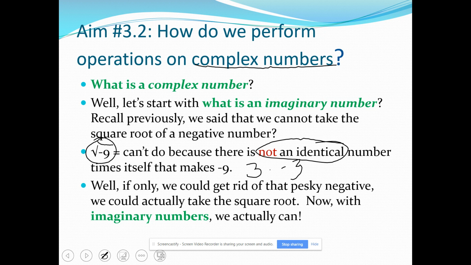So if only we could get rid of that pesky negative, we actually could take the square root. Well, guess what? Now we're going to talk about imaginary numbers, and with those, we can.